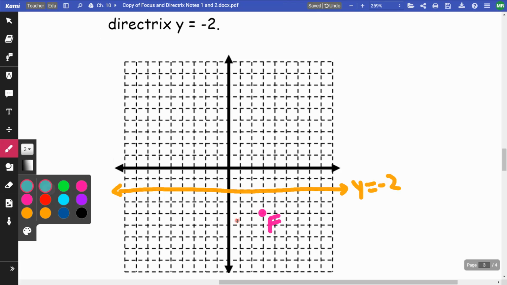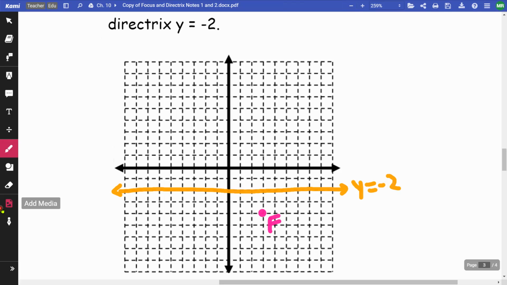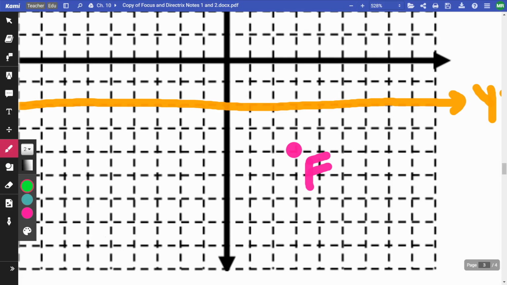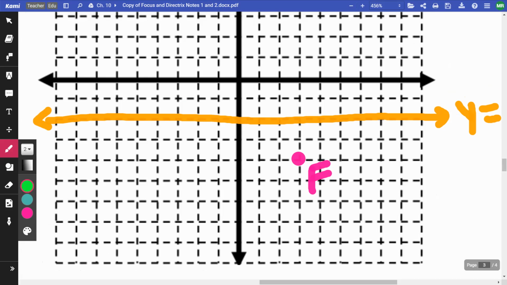Now, we want to write the equation of the parabola that has this. We don't have that special paper to do this. Can someone tell me where my vertex has to be? My vertex is going to be right there, halfway in between.